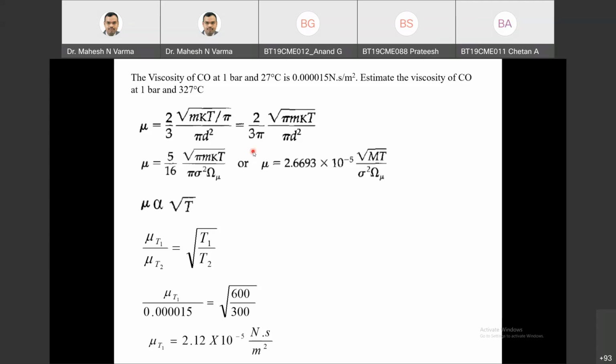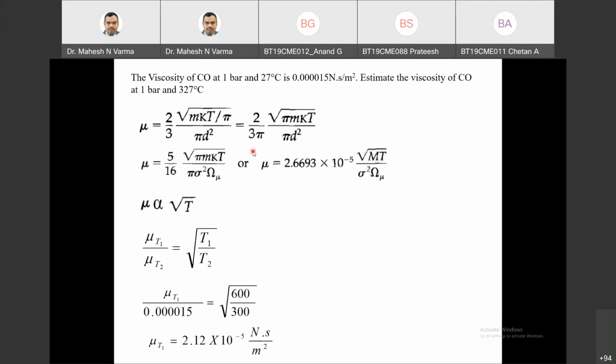Was any question asked from the transport phenomena we have covered till now? Yes, sir. One question was there. There was one pipe in which there was another pipe moving with a velocity.